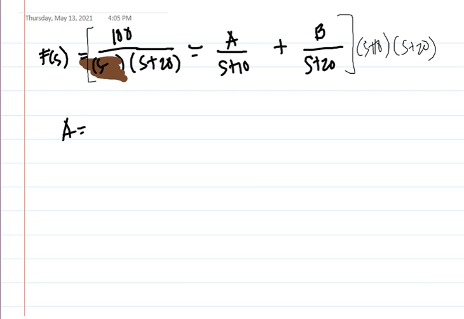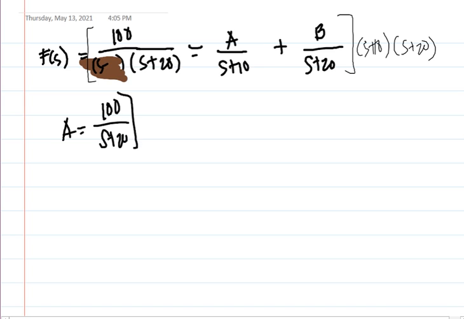What remains in my equation is 100 all over s plus 20. Then I substitute s equal to negative 10, same as in the previous process. So this is equal to 100 all over negative 10 plus 20.